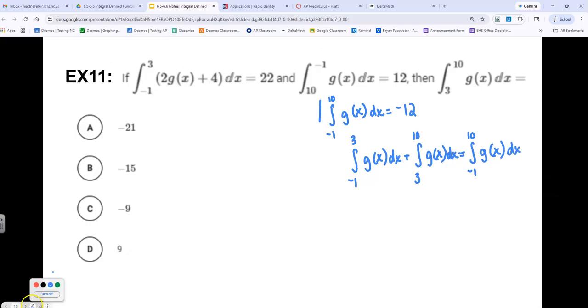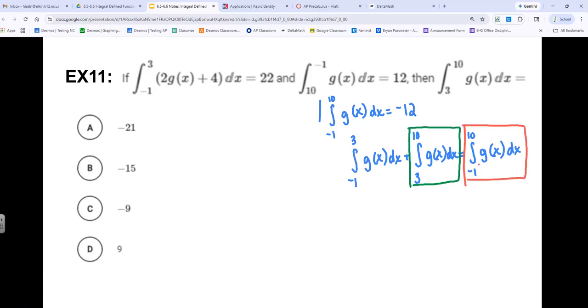And then this is what I'm trying to find. I need to find this. And I know that this value right here equals -12. So if I could find the integral from -1 to 3 of g of x dx, then I could solve this very easily, right?